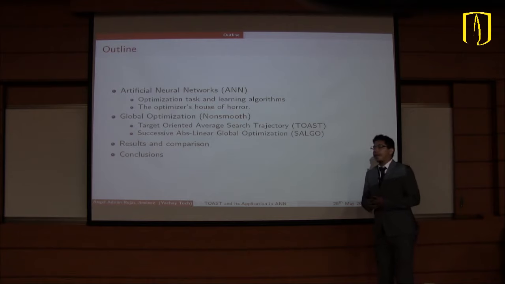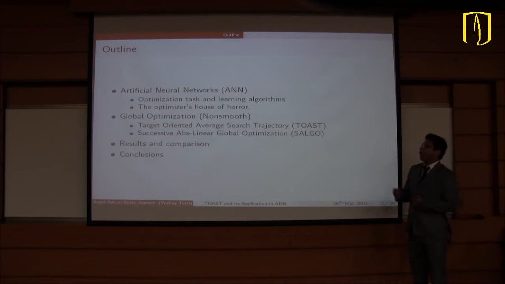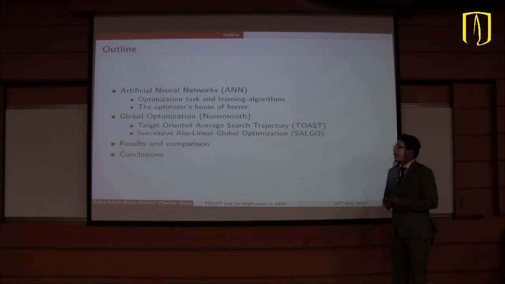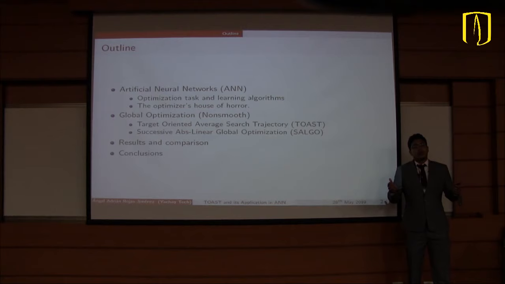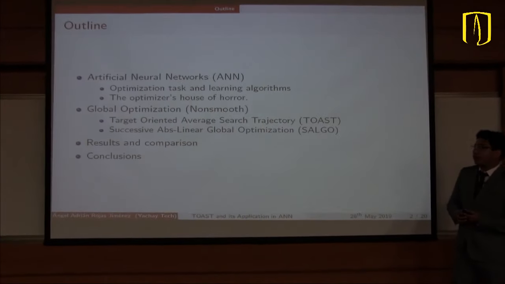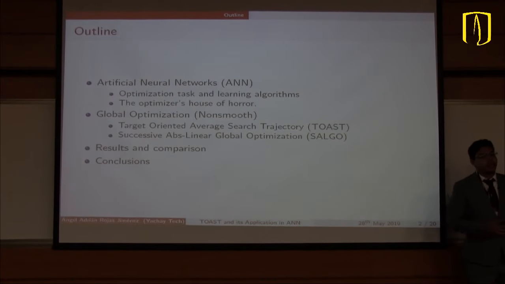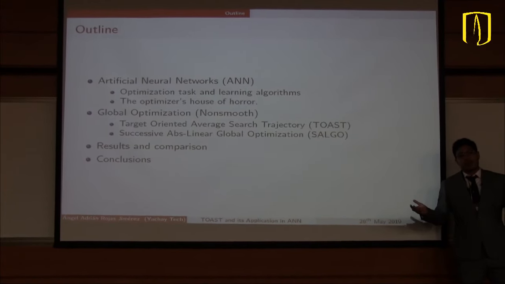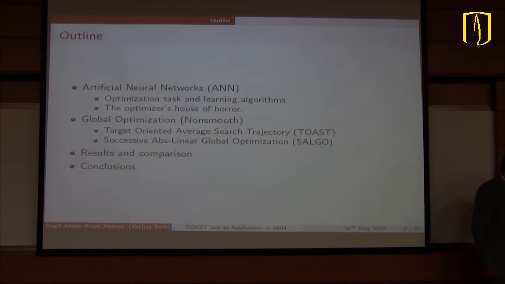Then I will present what is a global optimization problem, and then our formulation of this novel trajectory to reach a certain global minimum, and some approximations that we do to approximate the prediction function, and this algorithm we call it cycle, that is related to the Abs linear form and the global optimization. Some results and comparisons and some conclusions.